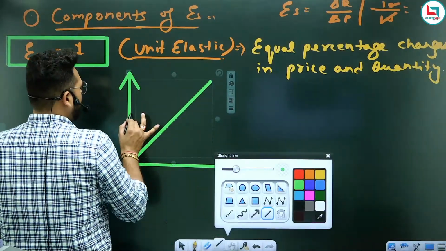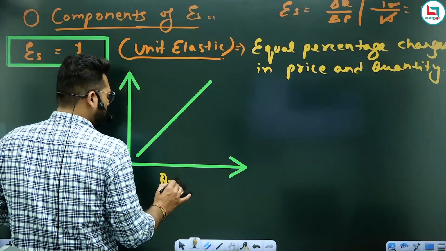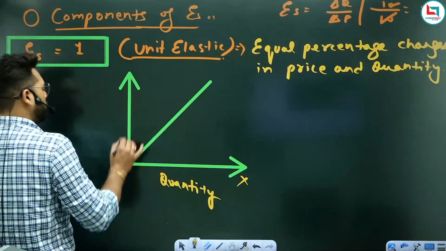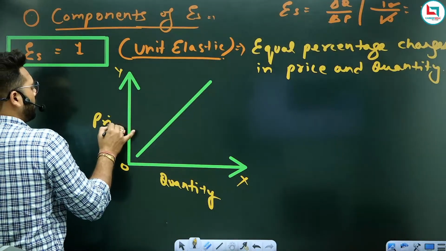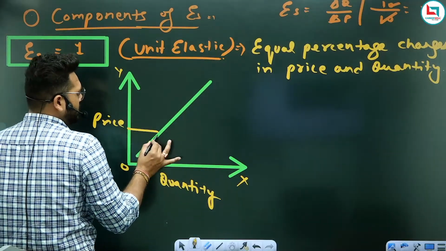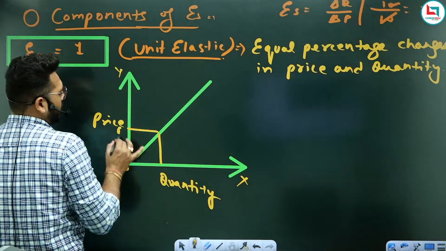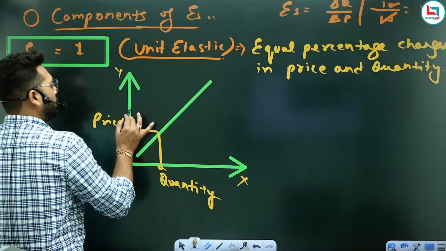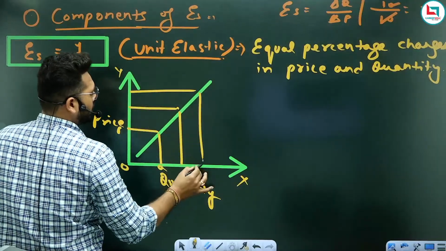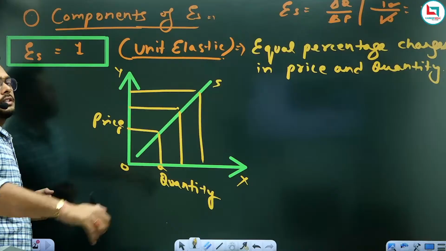So if this is the quantity, X0Y, and this is the price, and there is the same percentage change in price, exactly equal to the same percentage change in quantity, this is the supply curve. So this is the unit elastic, right?